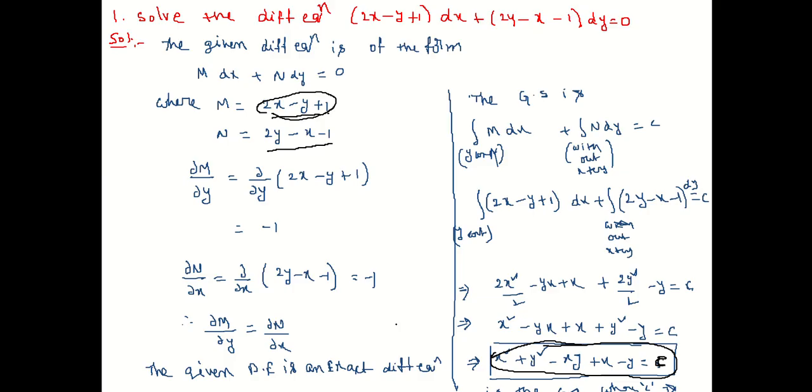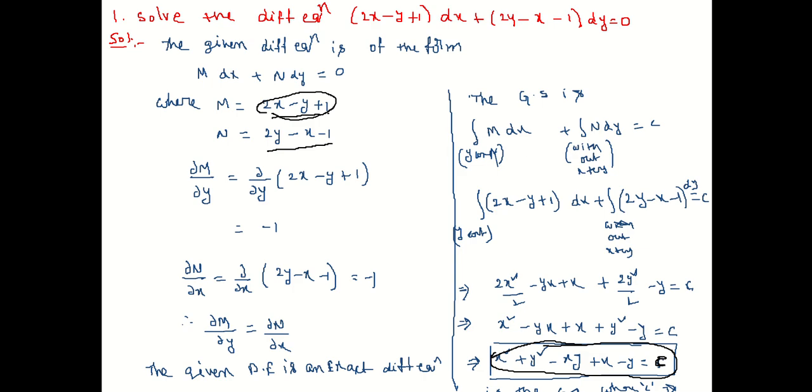So now coming to the general solution of the exact form, I told you already, integral M dx plus integral N dy equals c. Whenever you are writing the general solution, you compulsorily have to keep y constant for the M integration. For the N integration, you have to write without x terms.